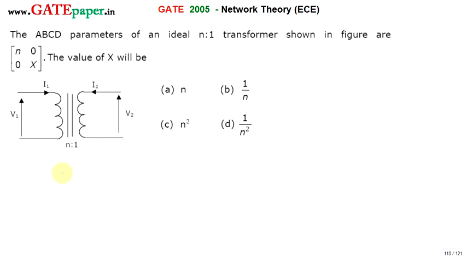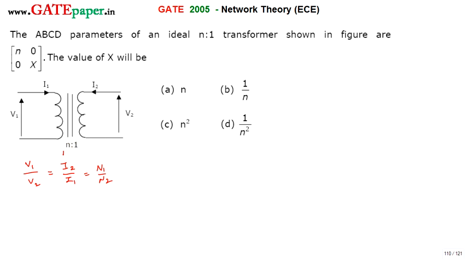For a transformer, we know the relationship between primary and secondary side with respect to turns ratio as V1, which is primary voltage by secondary voltage V2, is equal to I2 by I1, secondary current by primary current, that is equal to N1 by N2, primary turns by secondary turns.